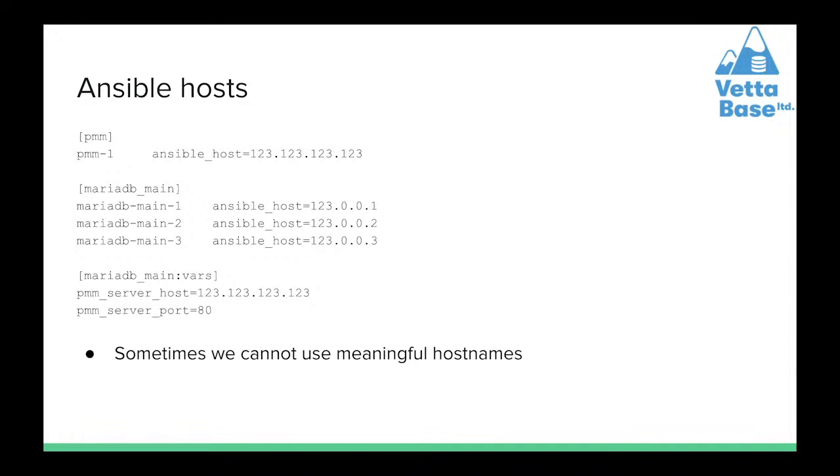So if we cannot or don't want to use meaningful host names, we can use meaningful aliases, and this will be very useful, especially when we have many servers, because it becomes very easy to remember names of the servers you want to deploy and so on.